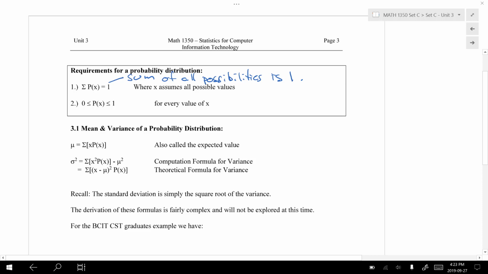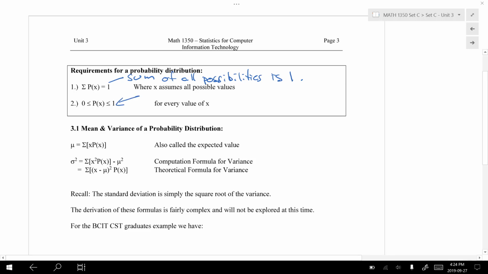We can think of this in the intuitive way where if you round up all of the different possible things that could happen, the chance of one of all of the possible things happening should be 100%. The chance that something will happen is 100%. We expect that something will happen. So that's the first one here. We need to have that be true. Otherwise, we're missing something. Otherwise, there's some possibility that we haven't accounted for.